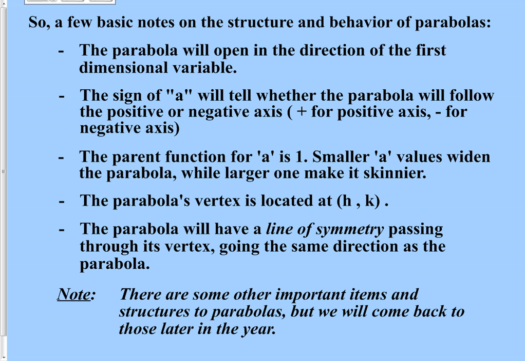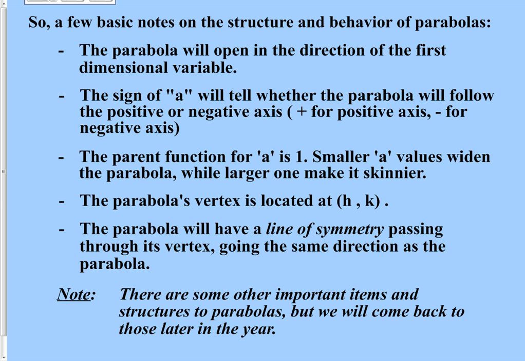If you get a smaller coefficient, that's going to cause the graph to widen up. In other words, it's not rising or falling to infinity as fast as it should have. Larger values of a are going to make the parabola skinnier because it's rising to or falling to positive infinity or negative infinity faster.